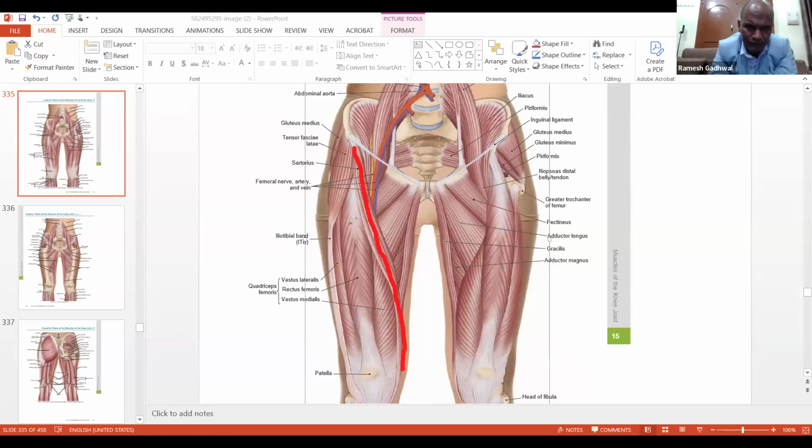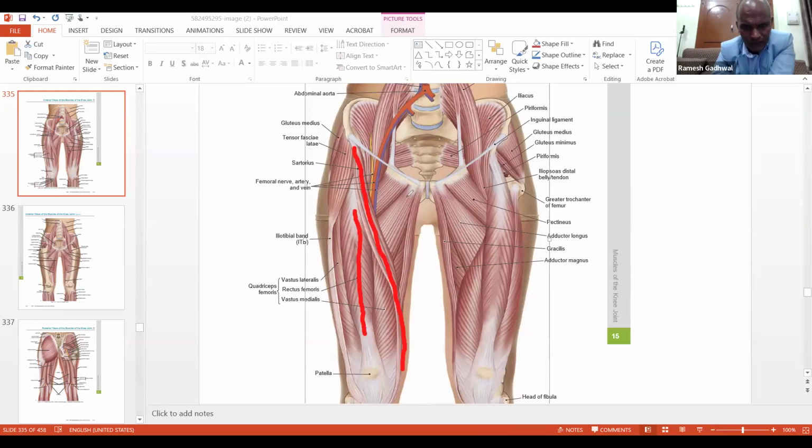Then this muscle's name is rectus femoris. It is a strong extensor muscle of the knee. When this muscle is strong, then immediately anyone can straighten the leg.